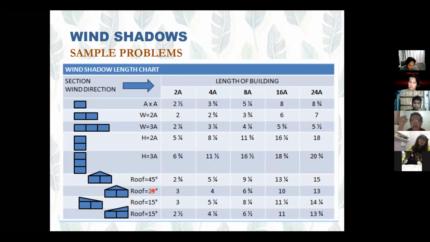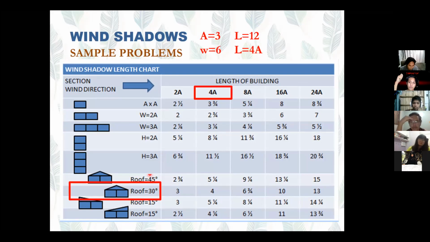If may roof siya na 30 degrees, yan. Same thing. 4A siya. 12 divided by 3, 4. Ang kanyang wind shadow is just 2 and 3/4. Tingnan nyo kaso. If ganito lang siya, ang wind shadow niya is just 2 and 3/4. Pag may roof na additional, it's another 4. Okay, nag-increase yung multiplier for the wind shadow. Yan.